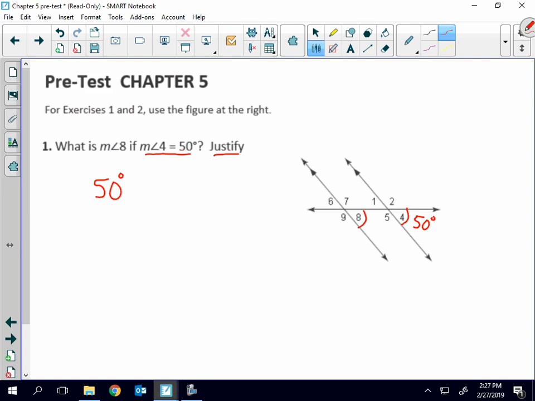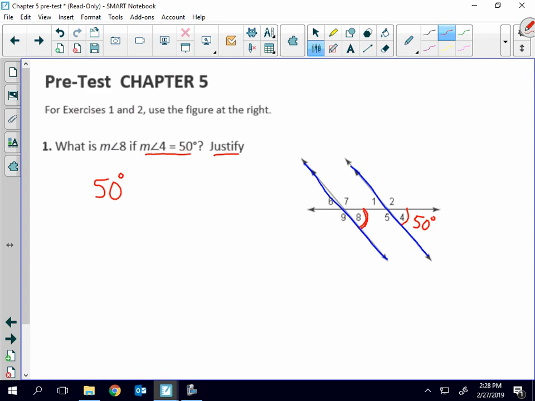And I can justify by using a vocabulary word. So let's see. If I look at the relation between these parallel lines, do you notice one's inside the parallel lines and one's outside? But they're both in the same position, right?